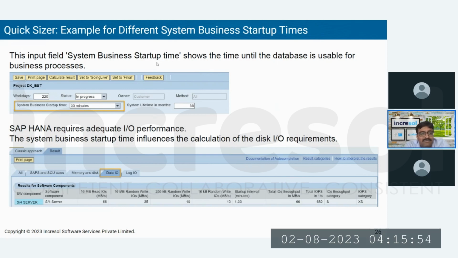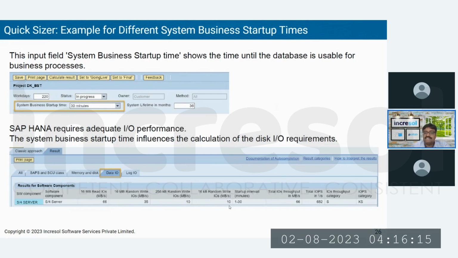So one of the key parameters here is how much startup time you are okay to bear. For example, you say 30 minutes is okay for me. With 30 minutes of loading time and the given data size, it will suggest what IO category is required, how much IOPS category, XS or S, this type of suggestion it will give.